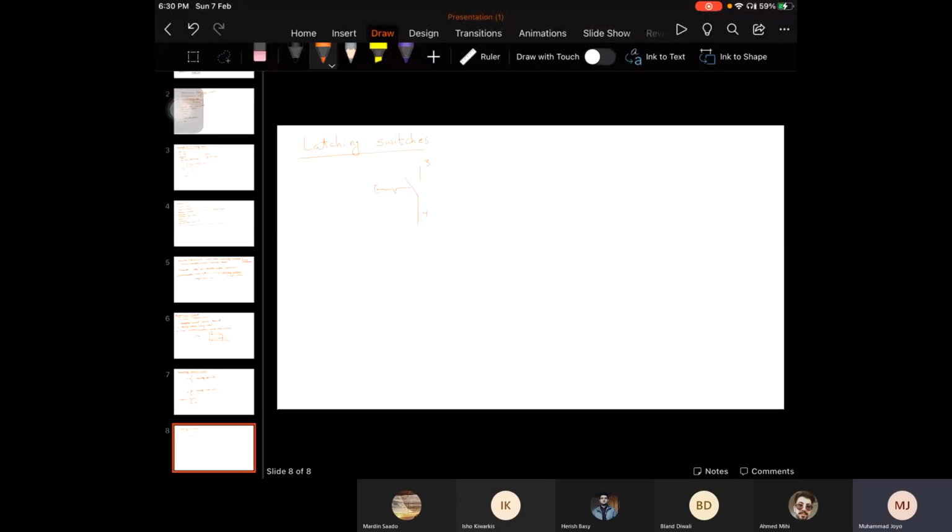So this is basically a normally open one. Similarly, there will be normally closed latching switches. For a normally closed latching switch, we have a similar type of switch, but in a different way.